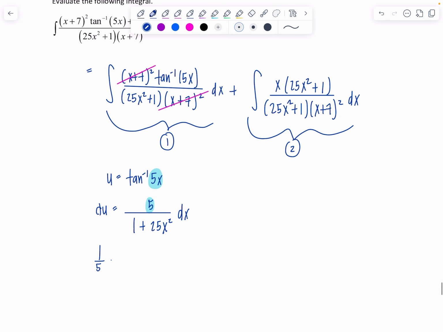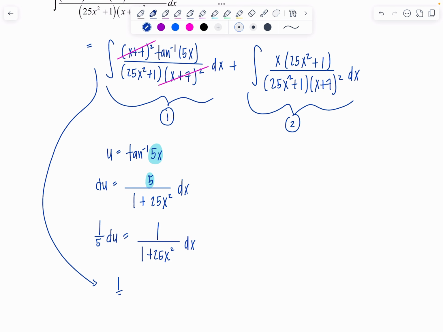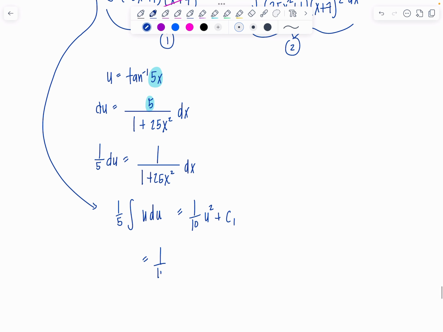So 1/5 du is 1 over 1 plus 25x squared dx. So this is actually going to be, yeah, I know, 1/5 integral u du. So it'll be 1/10 u squared plus c1, which would be 1/10 tan inverse 5x squared plus c1.